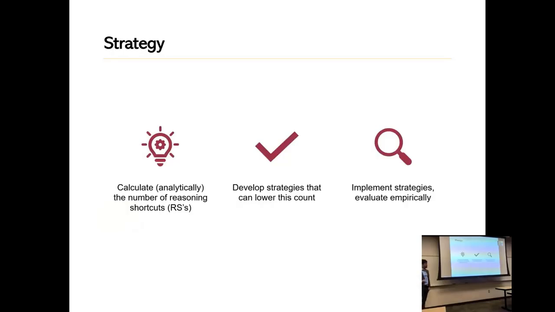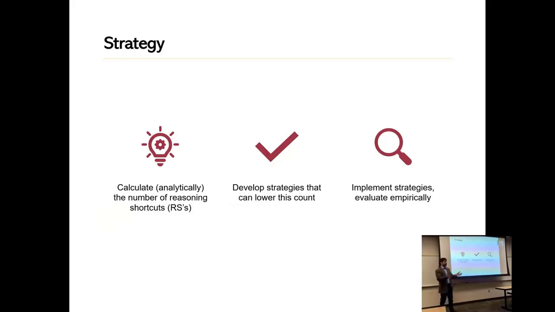So the strategy to reduce these is, first, can we somehow count the reasoning shortcuts? We know there's got to be at least one valid solution. If P theta equals P star, you're good to go.